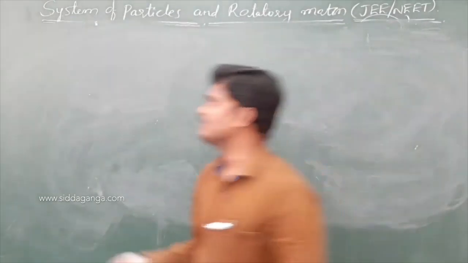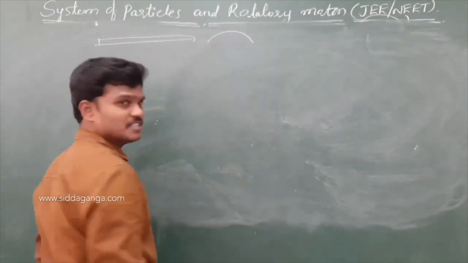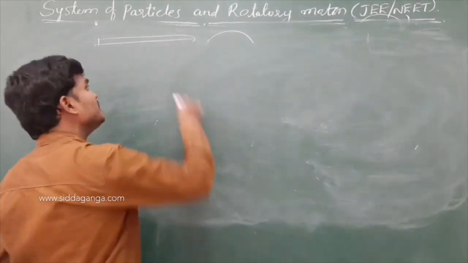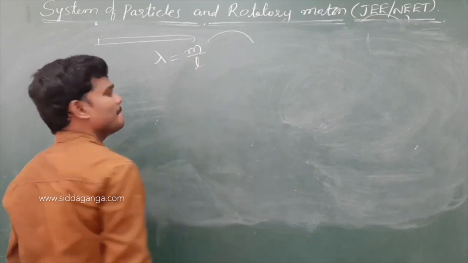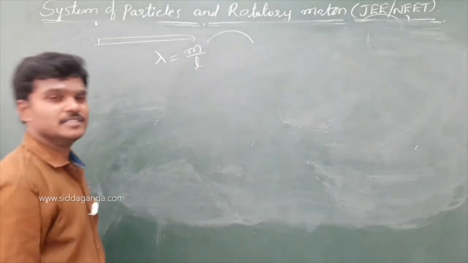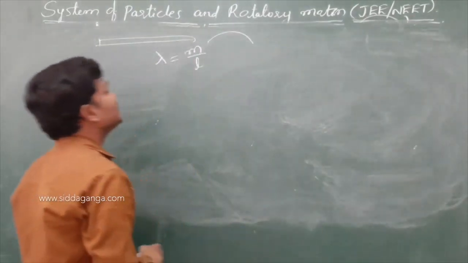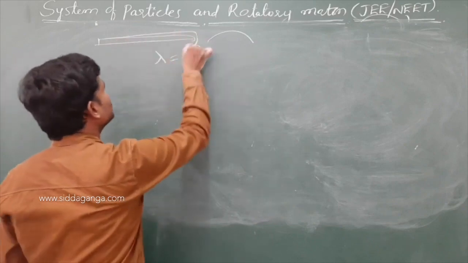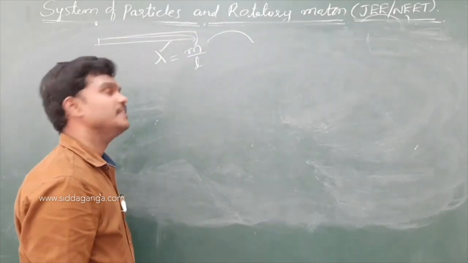Linear type means a rod is a linear object, a wire, a semicircular wire is a linear object. For a linear object, we use linear mass density, that is m by l, mass per length. In the second chapter we used Gauss law, linear charge density. Here, linear mass density, mass per length. So for linear objects, use lambda as the linear mass density.